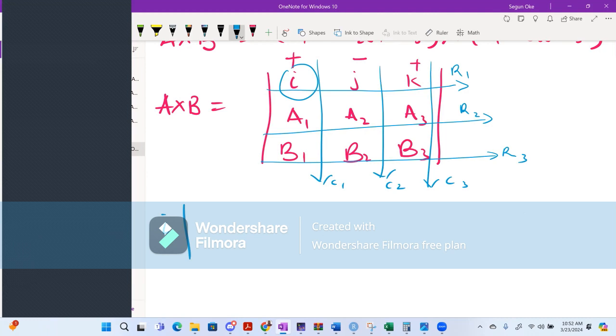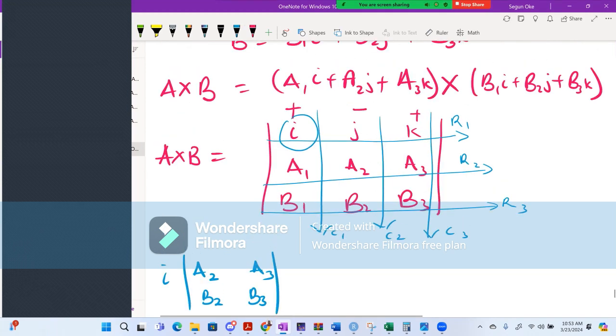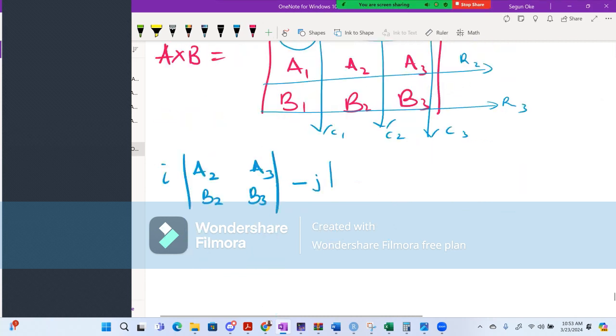We have A2, A3, B2, B3. Then, what is the symbol that follows? This is positive. The next is negative j. So we'll do the j now.